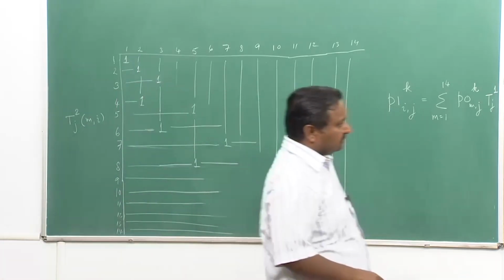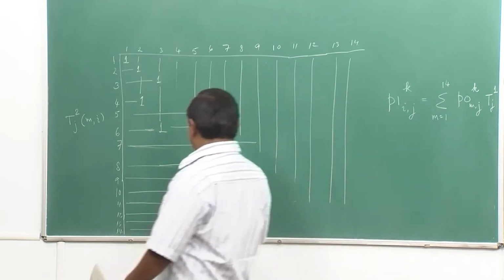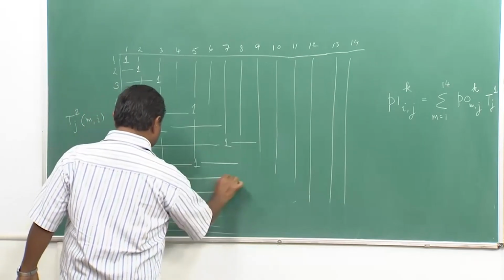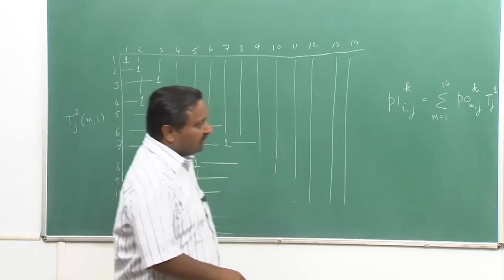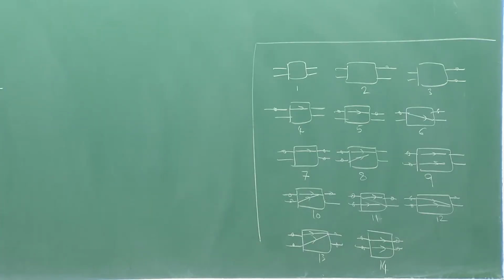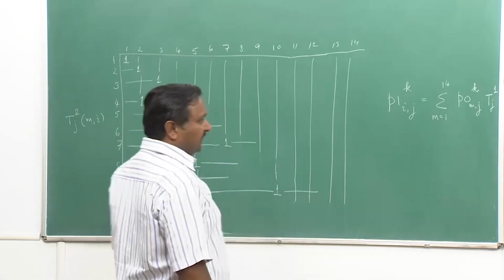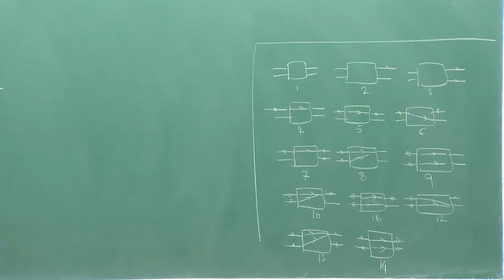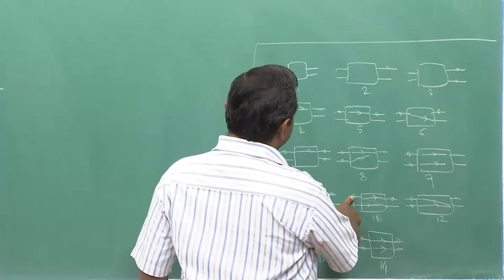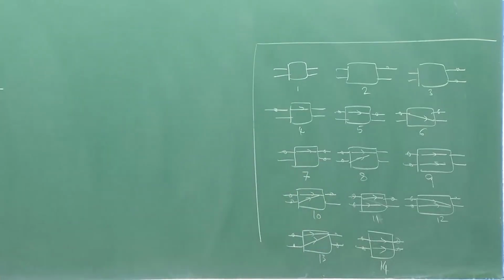State 9, if you look, both the packets will go to the output side and you will end up in state 3. State 10, if you check from here, you will remain in state 10, so 10 remains in 10. State 11, if you look, this packet will move to the output, so you will end up in state which is 7. So, 11 to 7 will be the transition.